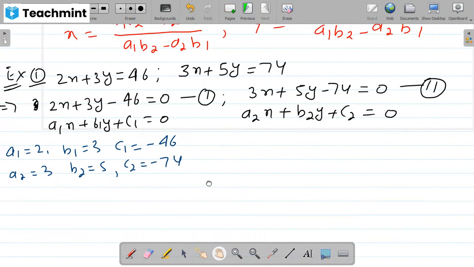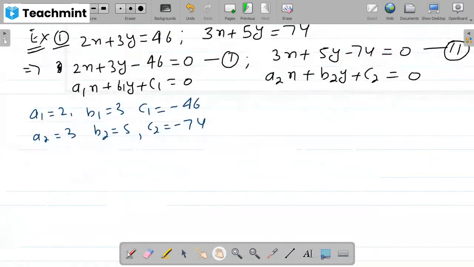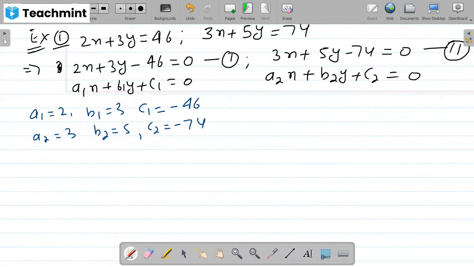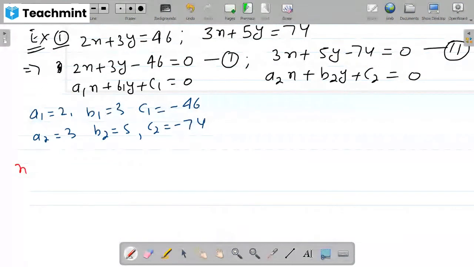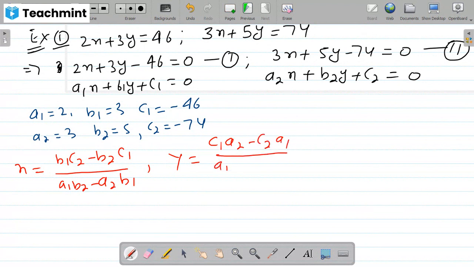For finding the value of x, use this formula: b1c2 minus b2c1 by a1b2 minus a2b1, and for finding the value of y, c1a2 minus c2a1 by a1b2 minus a2b1.